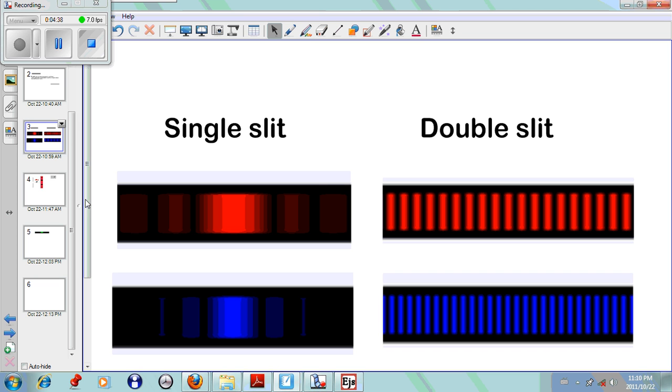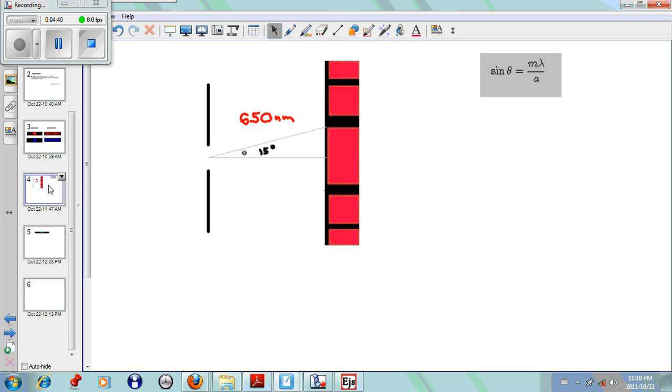What is important here for exam preparation is that they may ask you what is the width of the central broad band. I've drawn a diagram here where, if you look at it from the top, light is coming from left to right and passes through the slit.